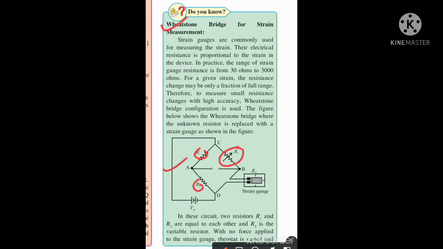In this Wheatstone network there are four resistors: resistor R1, resistor R2, variable resistor R3, and in place of the fourth resistor, we connect the strain gauge with no force applied, and the rheostat is varied.